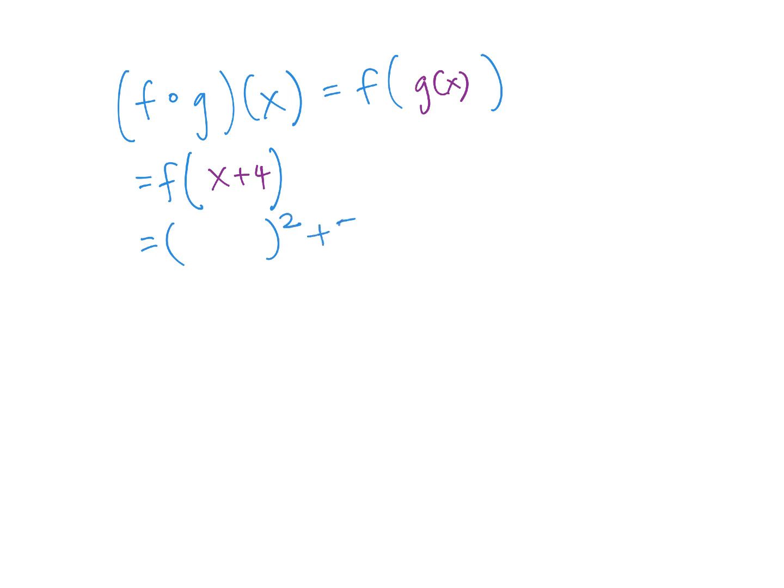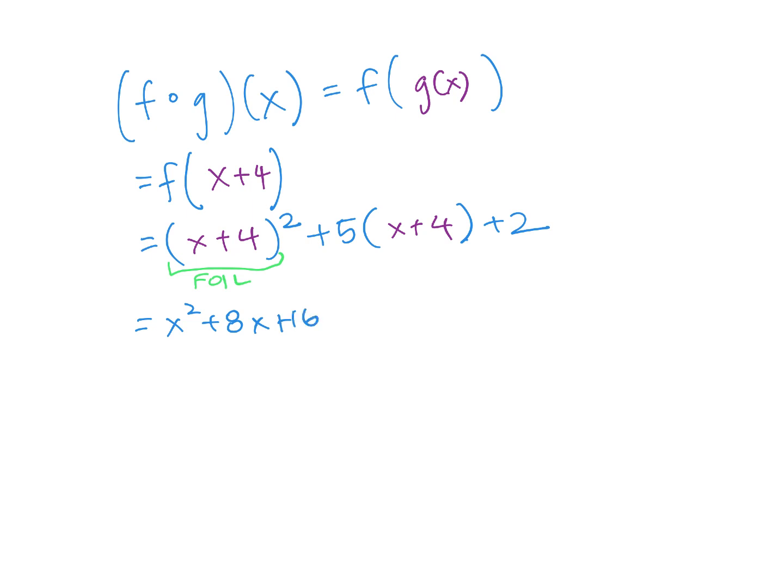Then it multiplies 5 times that input. And then it adds 2. So my input in this case is x plus 4, there and there. And I am going to skip this step. I'm going to fast forward to the part where we've FOILed this out. And I'm going to tell you we get x squared plus 8x plus 16. That might have been your mistake right there.